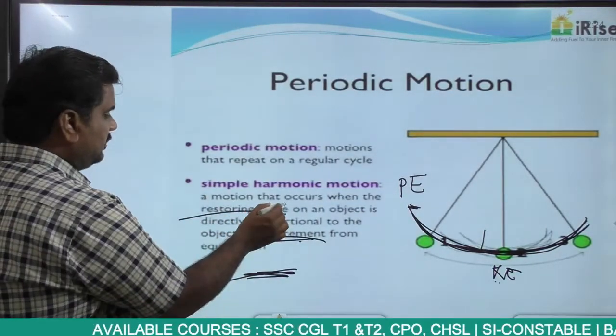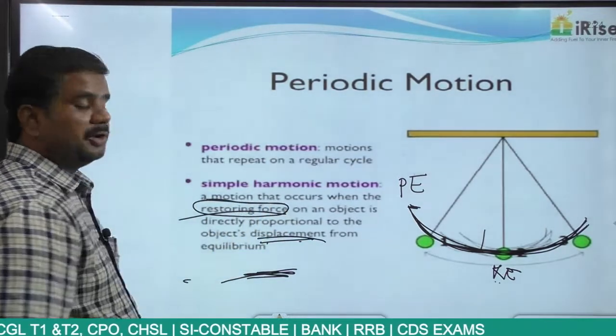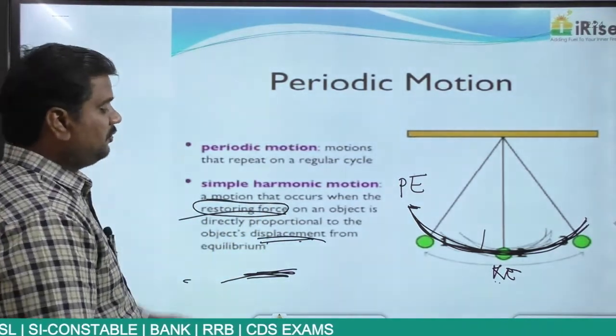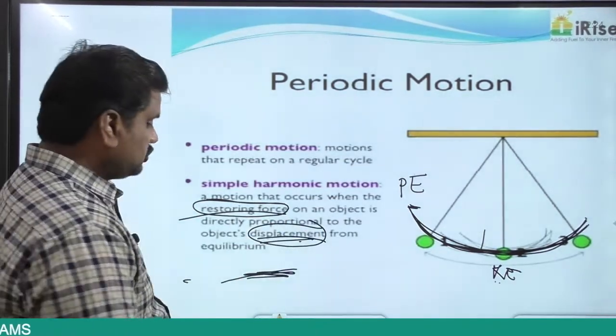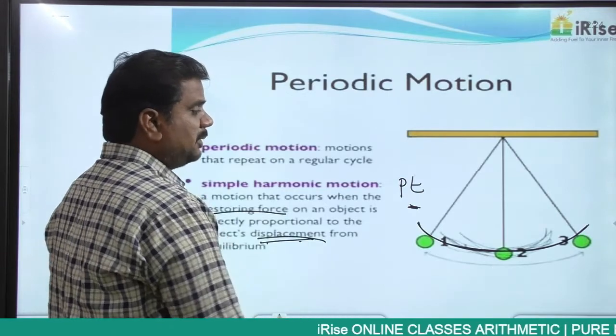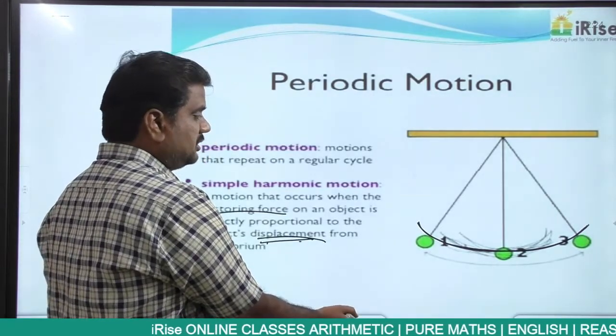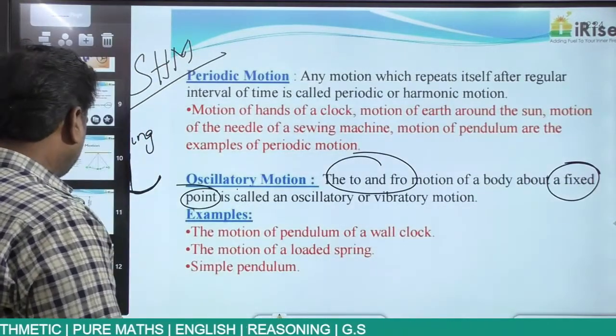In simple harmonic motion there is one type of force which you call the restoring force. The restoring force is directly proportional to displacement. If the restoring force is more, the displacement will also be more. If the restoring force is less, the displacement will also be less.